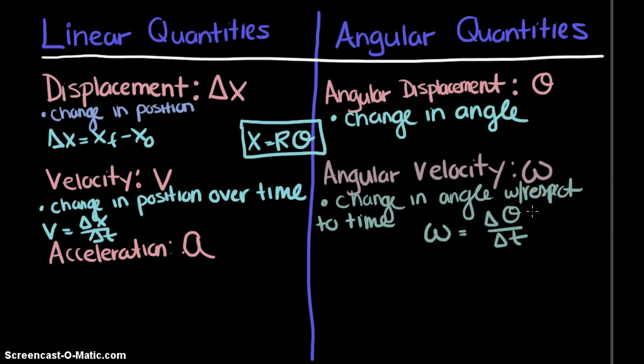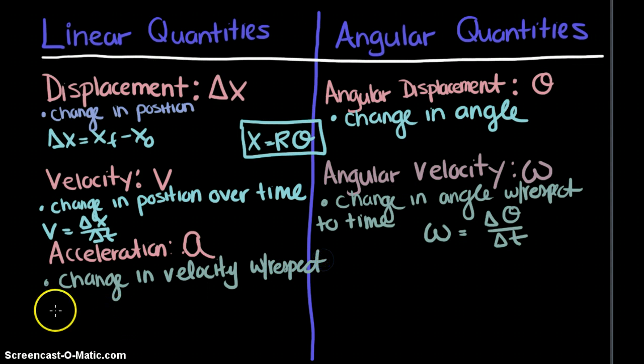Okay, so you can probably guess what's coming next. We're going to talk about acceleration, and we know that the operational definition of acceleration is a change in velocity with respect to time. And we use a math model for that, a equals delta v over delta t. So you can probably already guess where we're going with this.